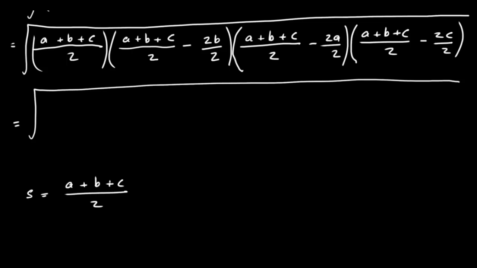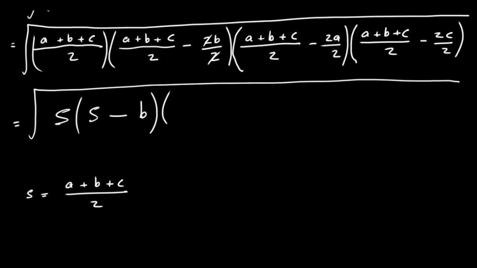So I'm going to replace a plus b plus c over 2 here with s. So you can see here this just becomes s. So that's my s here. This is going to be an s as well. This here is going to be s. I'm just going to put an s in there. And then it's going to be minus, well, that 2 there will cancel with that 2 there, and I'm left with b.